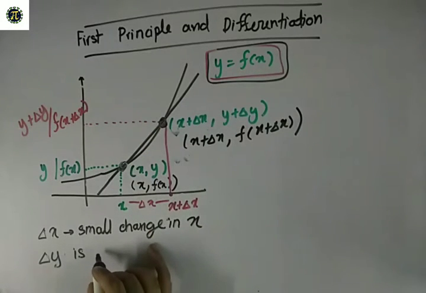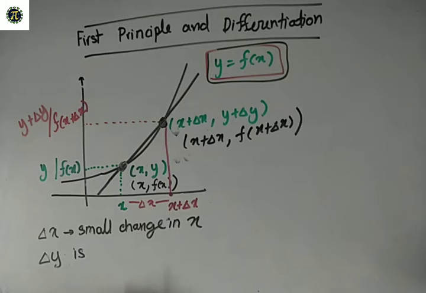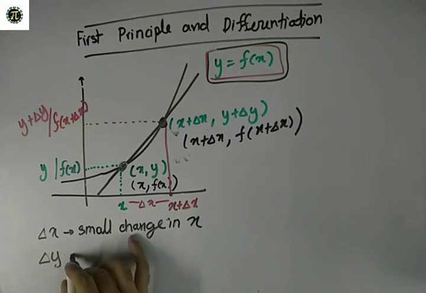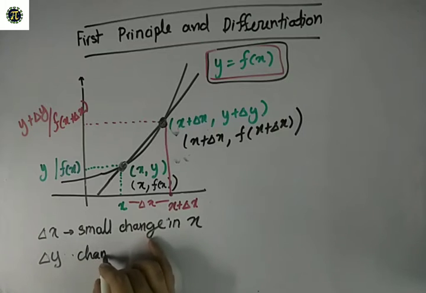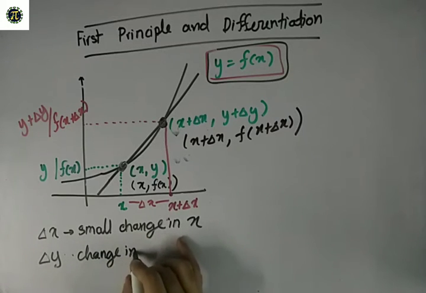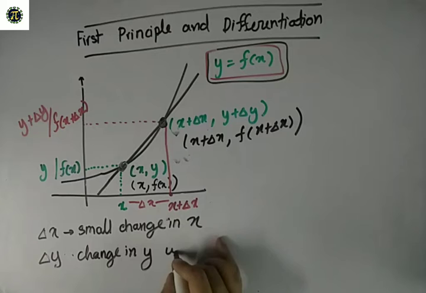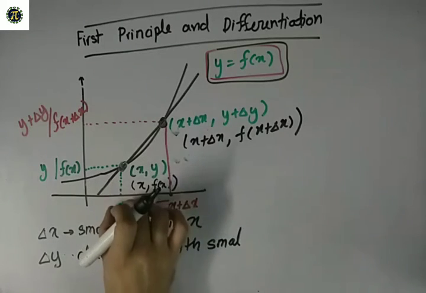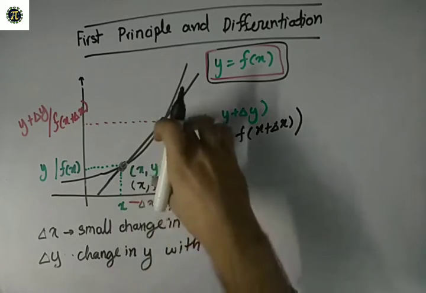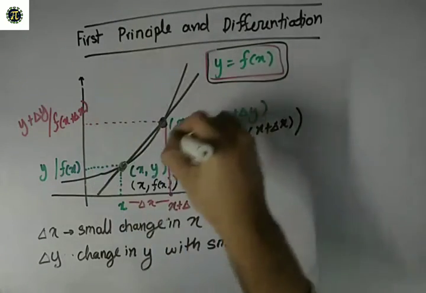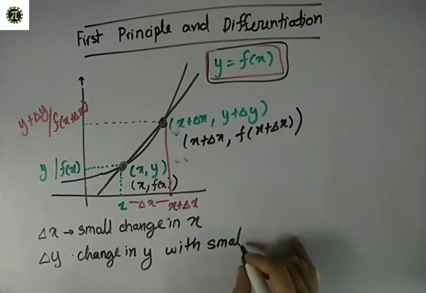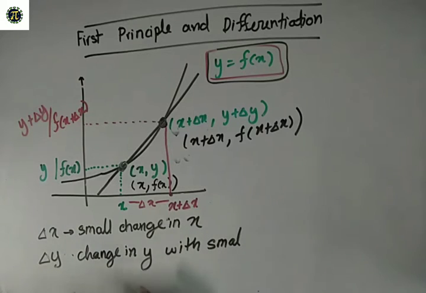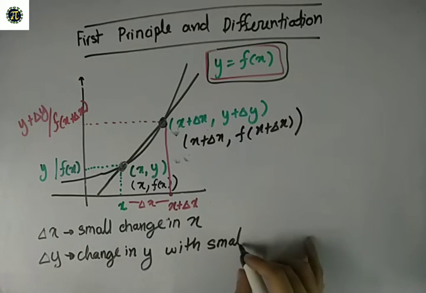It's the simultaneous change in y as we change x, right? So it is the change in y with a small change in x. We change the value of x a little bit, and y can change by a large value or a small value or nothing, but it's a change in y. Delta y is the change in y with a small change in x.